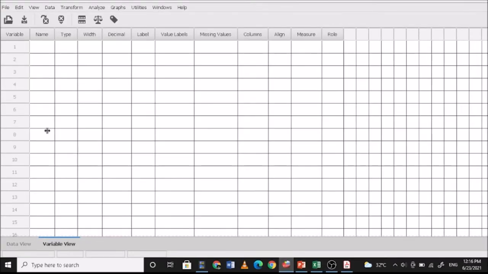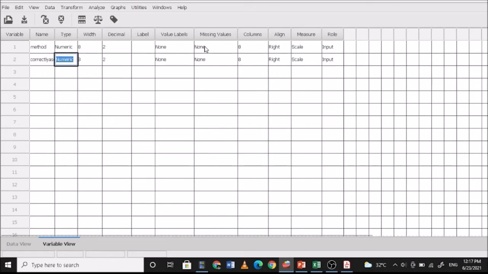So in PSPP, in variable view, we simply type in method and count or correctly assembled products, if you want to be as clear as possible.